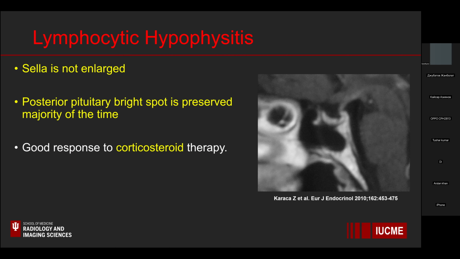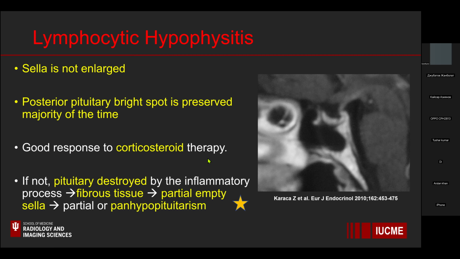In fact, if the therapy is not started on time, the gland will be destroyed by the inflammatory process. That's when you have that atrophic gland that I showed you in the patient who presented 4 months later. That's called partial empty sella. This patient physiologically may have panhypopituitarism because the gland has been destroyed by this inflammatory process.